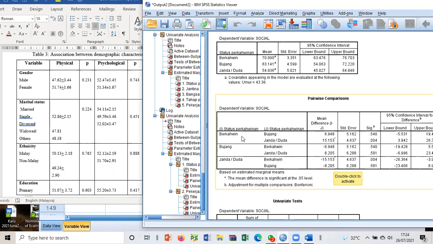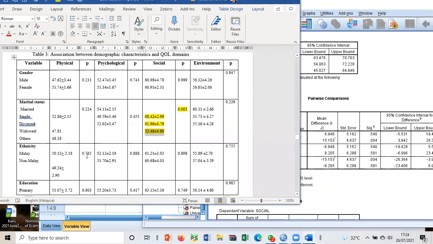Which pair? Kawin, gender, duda. Yes, this Kawin, this gender, duda. Sometimes you put a superscript here to tell the reader where the difference lies. I'll explain this later. From the post-hoc analysis, I found that this pair is different.